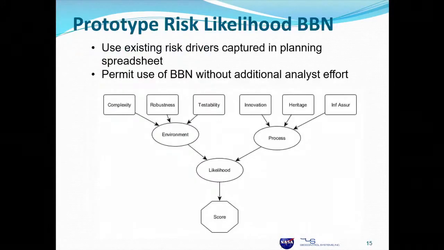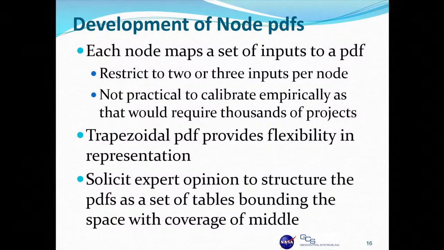Oh, it went backwards. So the development of the node PDFs: each node, as I said, maps a set of inputs to a PDF, and it's not practical to calibrate the network empirically for a system like this, because it would require, in this case, thousands of software projects of the same kind in order to have a meaningful calibration.